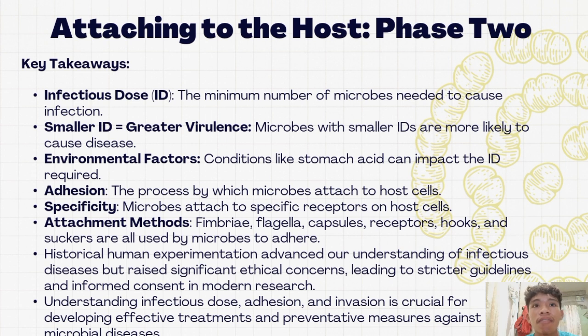Attachment methods: fimbriae, flagella, capsules, receptors, hooks, and suckers are all used by microbes to adhere. So germs use various methods to attach, including tiny hairs, tails, sticky coatings, hooks, and suckers.